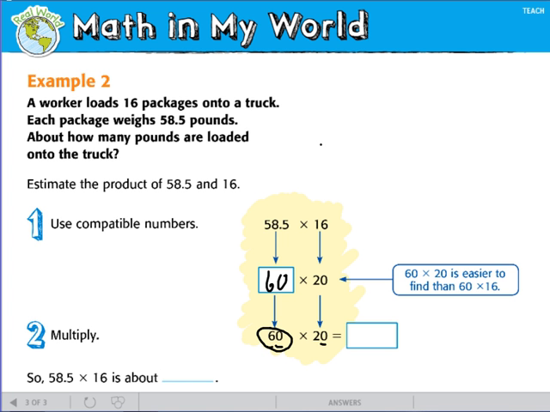Don't use them? No, we're multiplying, so we're going to use them. Put the 2 zeros at the end of the answer? Yes, so we're going to put our 2 zeros over here for our answer. Now we're going to get rid of our zeros because they're both over there. And then we're going to go 6 times 2 is 12. 1,200.